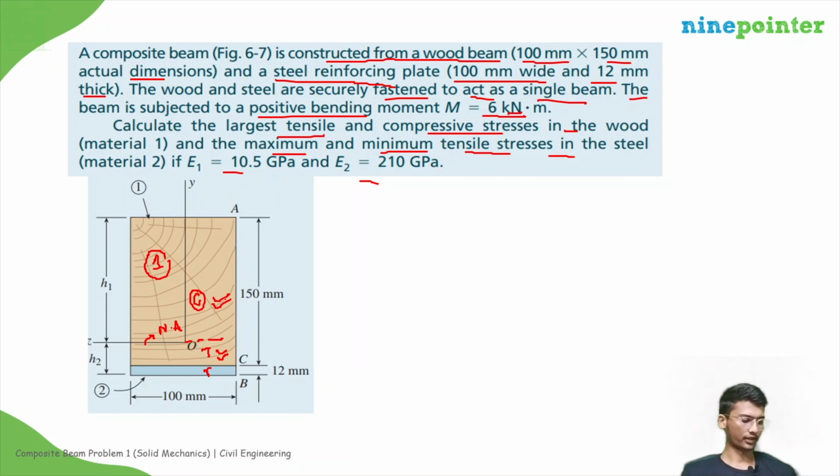Now let us calculate. So first, what we said, first we need to locate the neutral axis. So we are saying that neutral axis is at distance h2 from bottom and at a distance h1 from the upper part of the beam. Okay, so we know that E1 integral y dA plus E2 integral y dA is equal to 0.